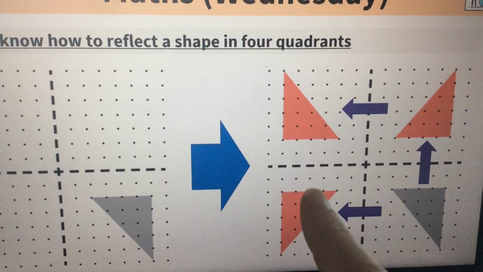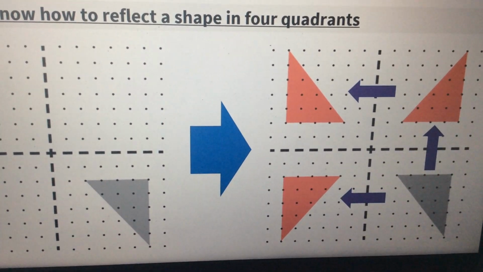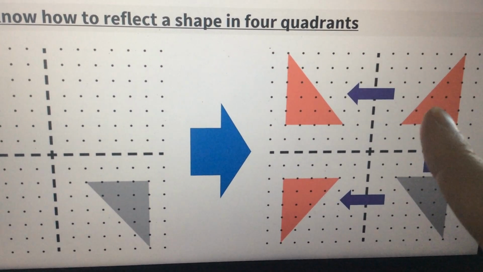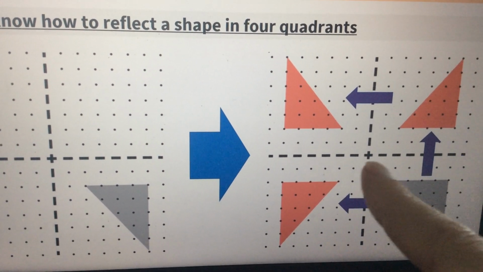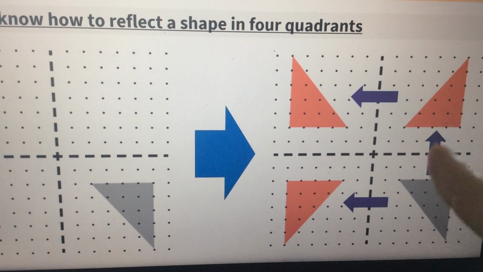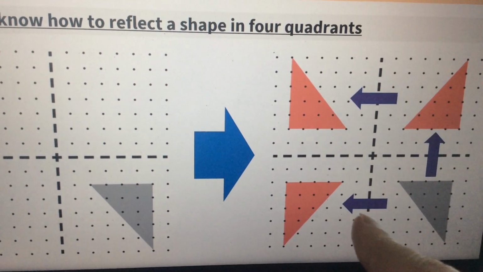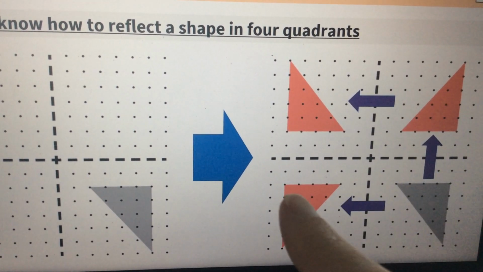So using our mirror lines, and we've got a horizontal mirror line and we've got a vertical mirror line. So to get this shape here, we need to reflect the grey shape in this horizontal mirror line, just like that. Okay. To get this one, we want to reflect the grey shape in this vertical mirror line, like that.